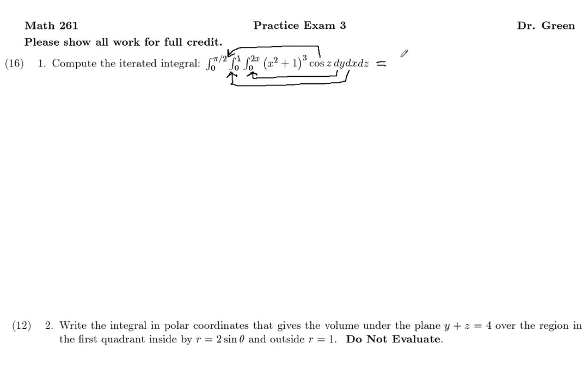If I do that, then I'll have integral from 0 to pi over 2, and then that cosine z is outside. And then what's left is still inside the z integral from 0 to 2x, x squared plus 1 cubed.